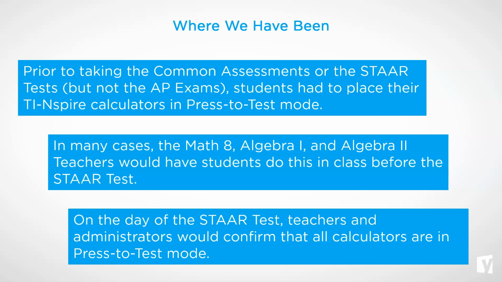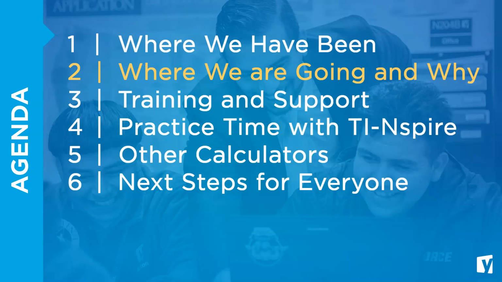And then on the day of the STAAR test, teachers and administrators would confirm that all calculators are in Press-to-Test mode. Remember the three things. You could check that it was in Press-to-Test mode by turning it on and seeing Press-to-Test mode pop up. Secondly, you'll see the lock in the top right-hand corner. And then thirdly, you would see the blinking light on the top of the calculator. That's what we've been doing.